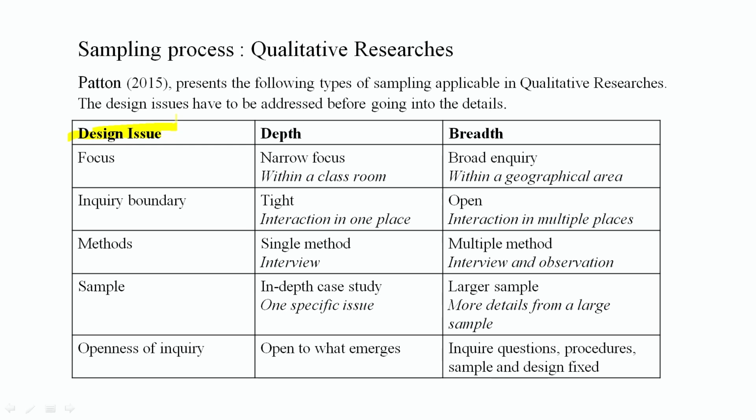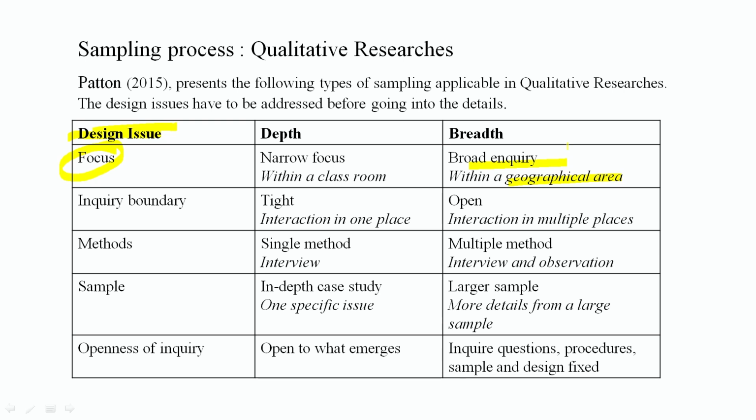So for example, focus. What is the focus of your research? Is it a narrow or broad inquiry? Narrow means, am I studying the biography of a person? Or here I have taken the example of a classroom. If I am going to study a wide geographical area, that is treated as a broad inquiry.